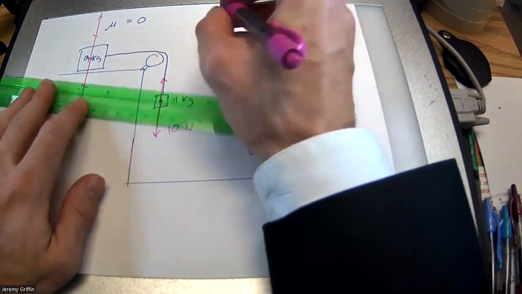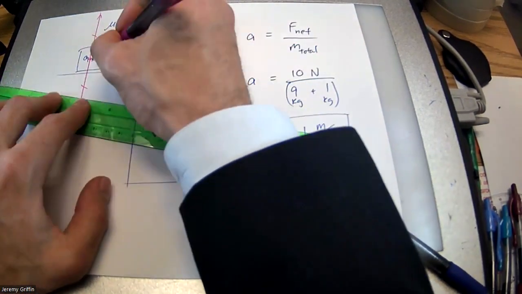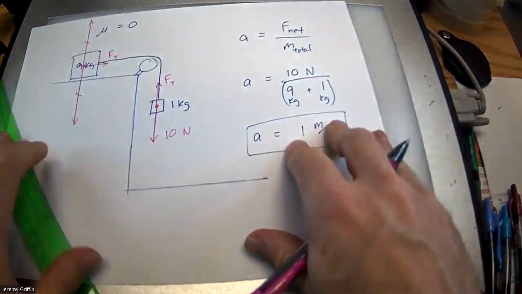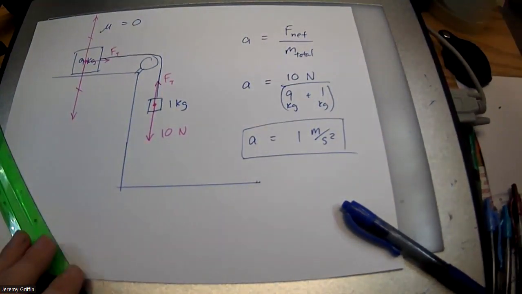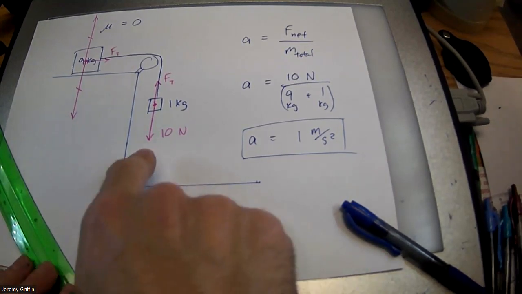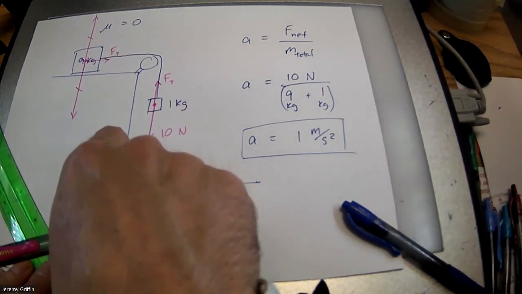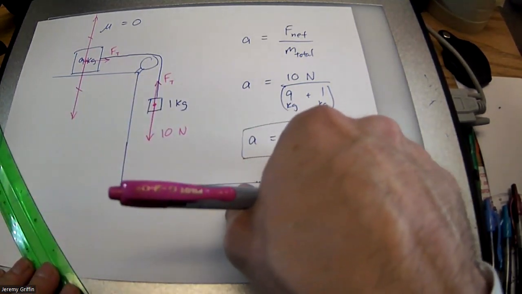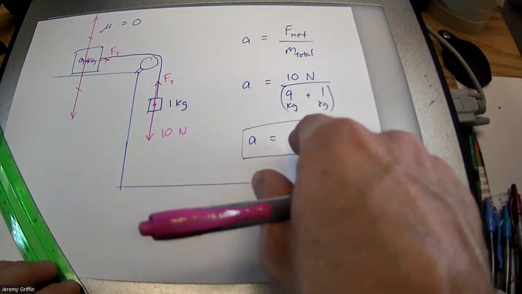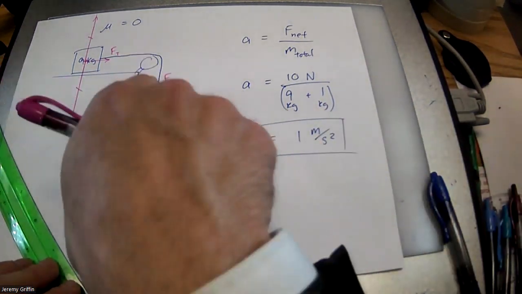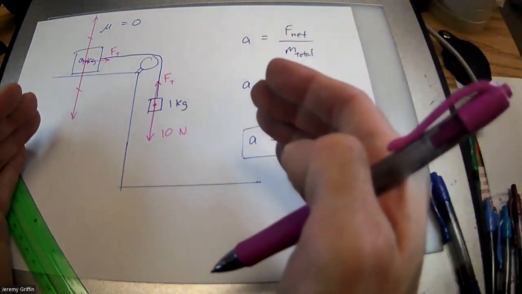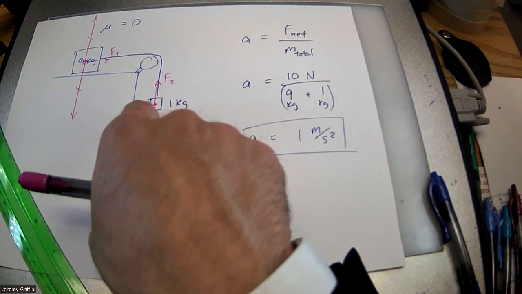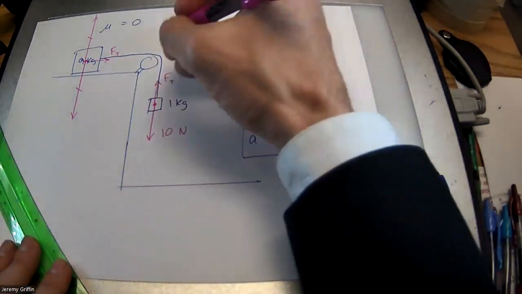So some kind of internal tension force, F sub T. Hey, could you guys solve for the tension force? Now, how do I know it has to be pretty big but less than 10 newtons? Because there has to be a small net force on the hanging one so that it accelerates at a very small rate. So the acceleration of any system like this is bounded between 0 and free fall. In this case, it's a lot closer to the 0 end of the mark because it's a very small mass that's hanging. Okay. Could you guys solve for the tension force?